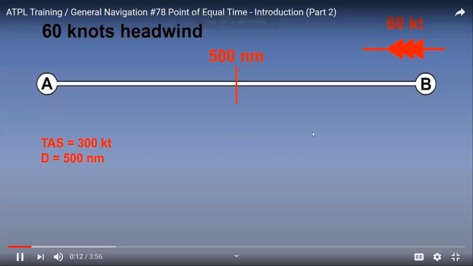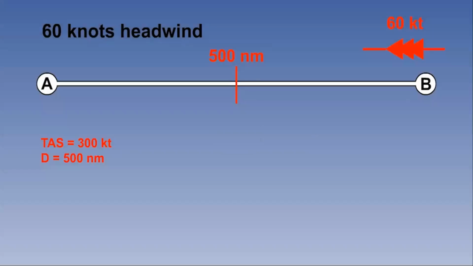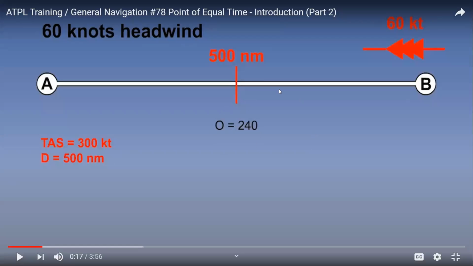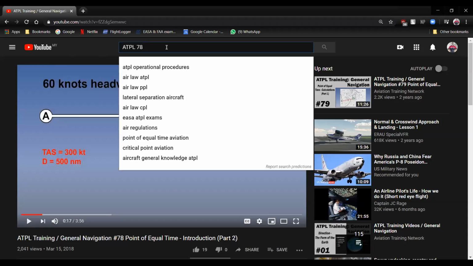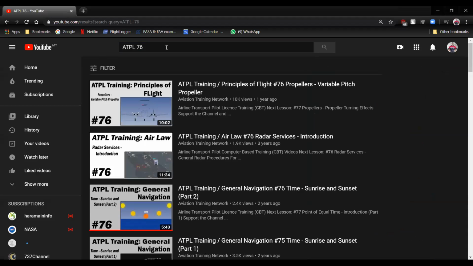However, this time we have 60 knots headwind. Oh, there's something wrong. Now, the onward ground speed. Abdul, I think it's 76. Sorry, this is not the one. Go to 76. Oh, we'll run out of time quickly.